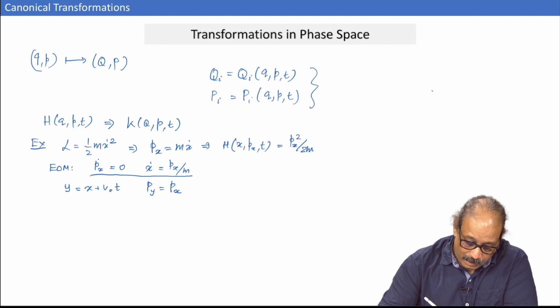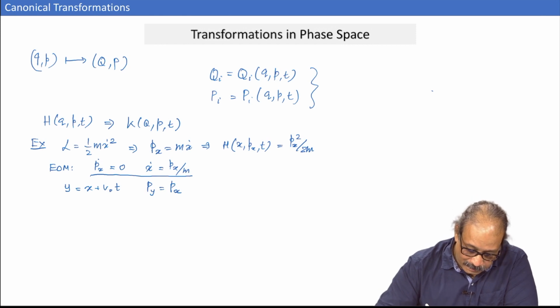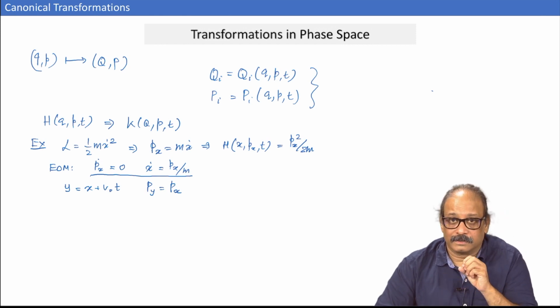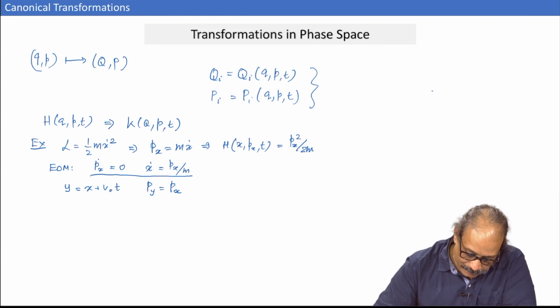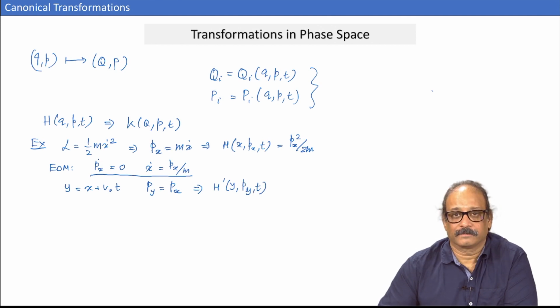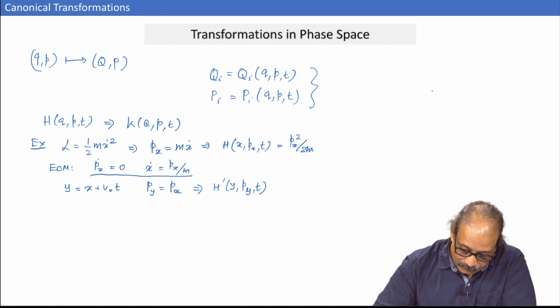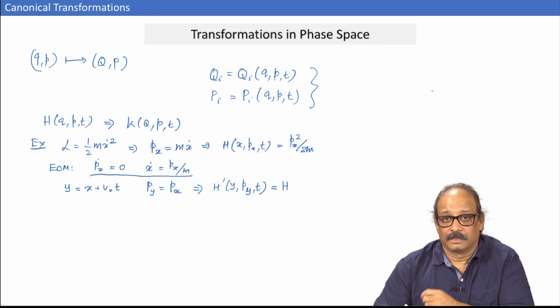Now, this is a coordinate transformation from x, Px to y, Py. How do I calculate my Hamiltonian? I will call this H prime, which is the Hamiltonian of y, Py and t. This is something that we did for the Lagrangian.